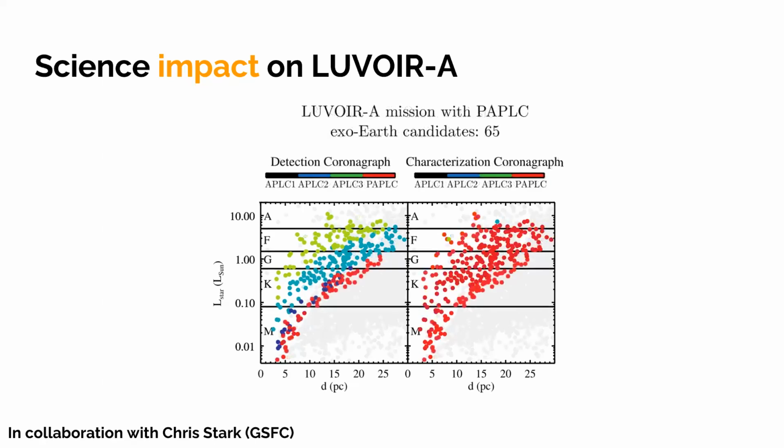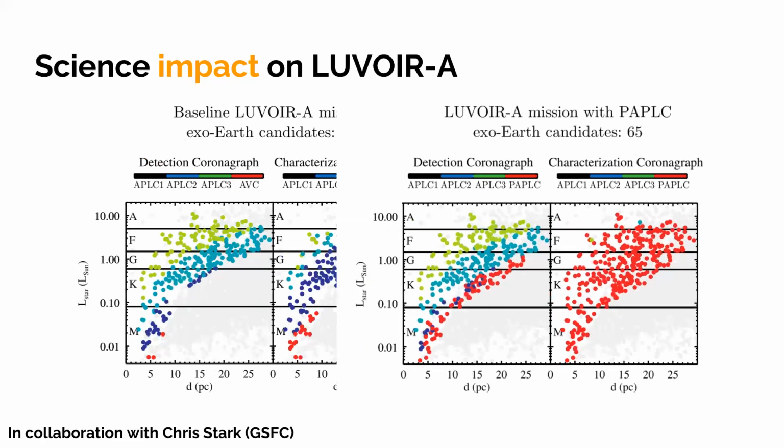Changing that chronograph for LUVOIR to a PAPLC, you can see that we get a whole extra row of detected exoplanets basically on the border of detection, and all of the chronographs are now being characterized by the PAPLC. Note that this is not something that we put into the optimization. The optimization by Chris really finds the best chronograph for each planet separately, and this is showing that the PAPLC is really chosen for every characterization observation that there is.